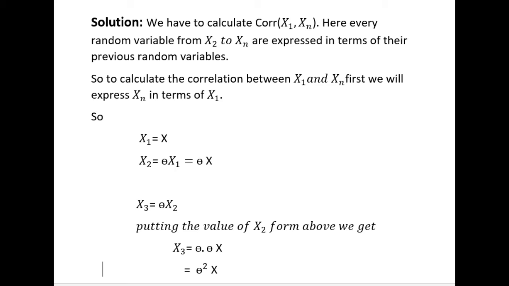So we are given x1 equal to x, x2 equal to theta into x1, which is equal to theta into x, x3 equal to theta into x2. Putting the value of x2 from above, we get x3 equal to theta into theta x, which is equal to theta square into x.